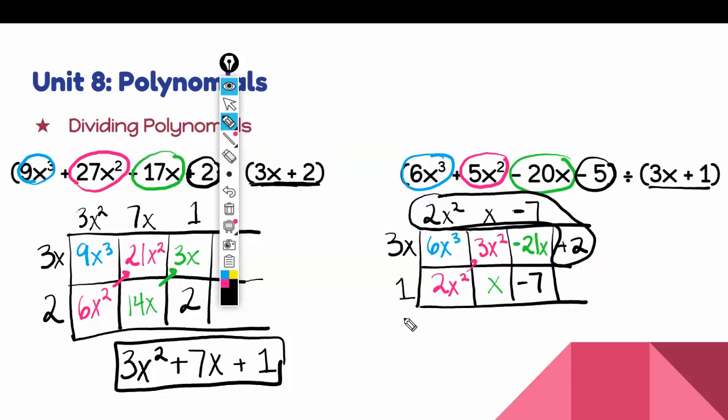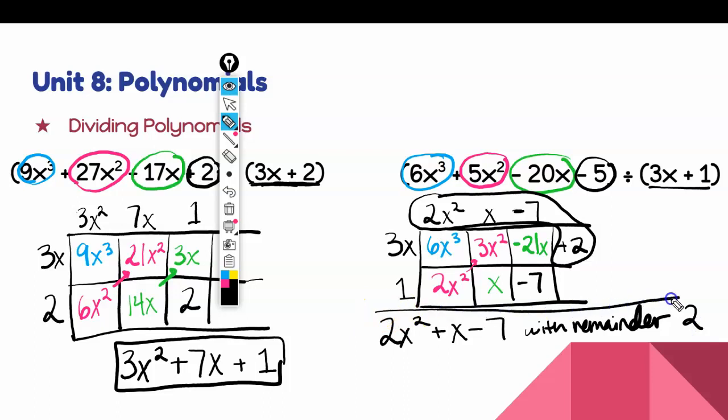My answer is 2x squared plus x minus 7 with a remainder of 2. And that's the end of that.